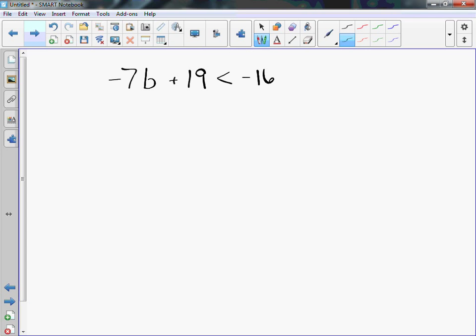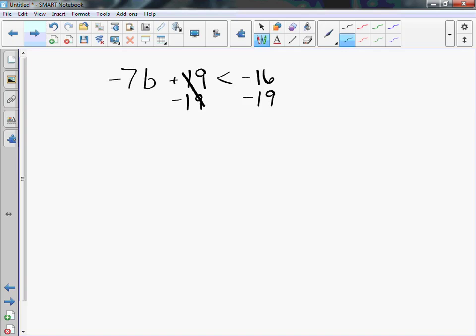Okay, let's look at this one. Okay, the simplest thing, we have negative 7b plus 19 is less than negative 16. The simplest thing to get rid of is the plus 19. So let's go ahead and do that by subtracting 19 from both sides.